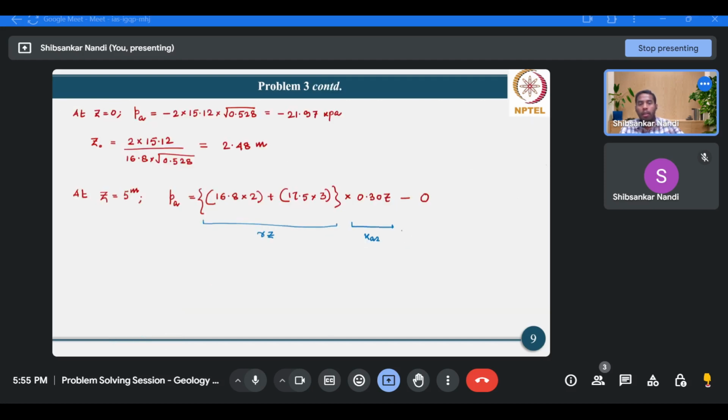Now if we calculate, it will be 26.43 kilonewton per square meter. This will be the answer.